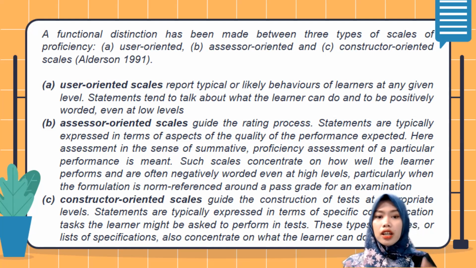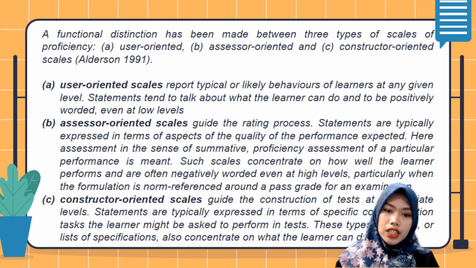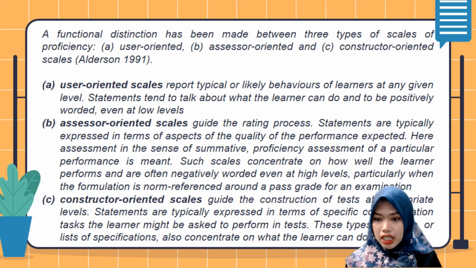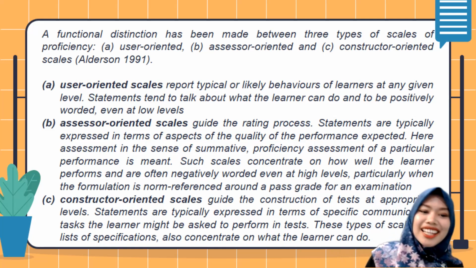Okay. User-oriented scales report typically or likely behaviors of learners at any given level. That means they tend to talk about what the learner can do, and be positively worded even at the low levels. Again, assessor-oriented scales guide the rating process, and the constructor-oriented scales guide the construction of tests and appropriate levels.